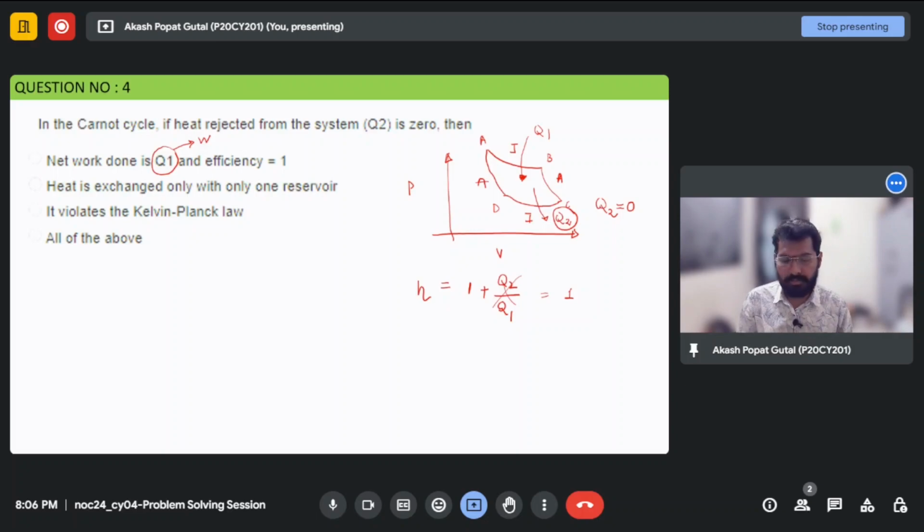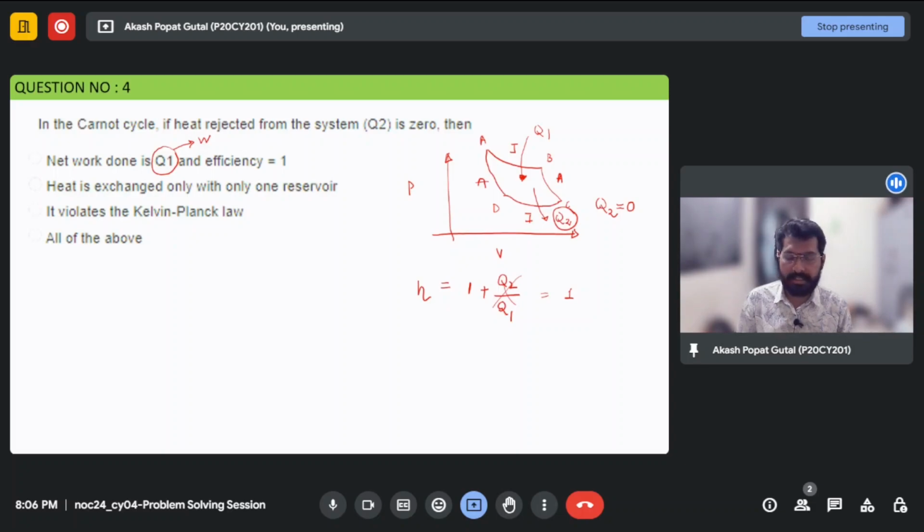So it is not possible to generate work by getting heat from one source and rejecting into the same source, because the temperature will be the same. Because of that, heat is exchanged only with one reservoir.